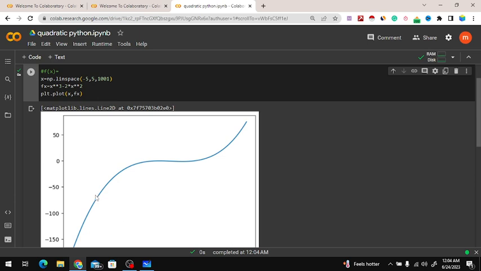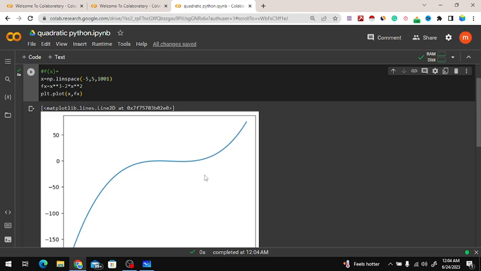It's like this, means you can see here it's touching the x-axis at 2, a 2 point. So I hope your concept has been clear.